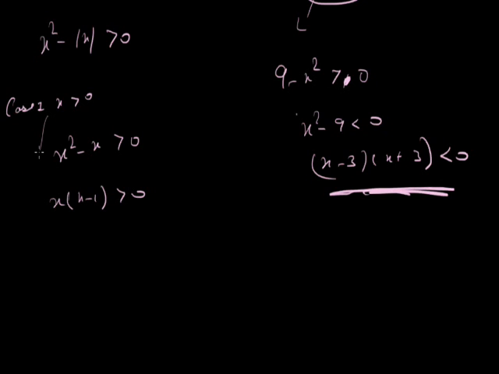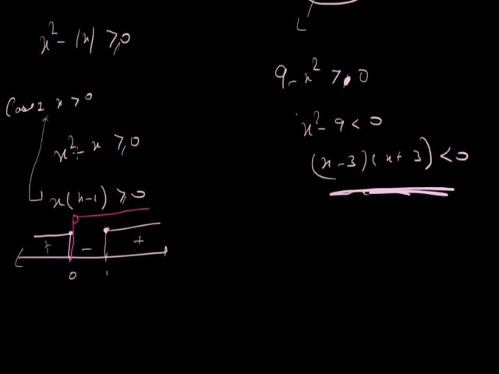This is case 1, x greater than 0 and x(x minus 1) greater than or equal to 0. Now we'll take the intersection of these two cases. Let's draw the number line. x is 0, 1. This is positive, then positive, negative, positive, right? So the region is this and this. There is an equal to sign here, this would be equal to and this would be equal to. So we have the including sign here because it's in the numerator. And x is greater than 0. Case was x is greater than 0.